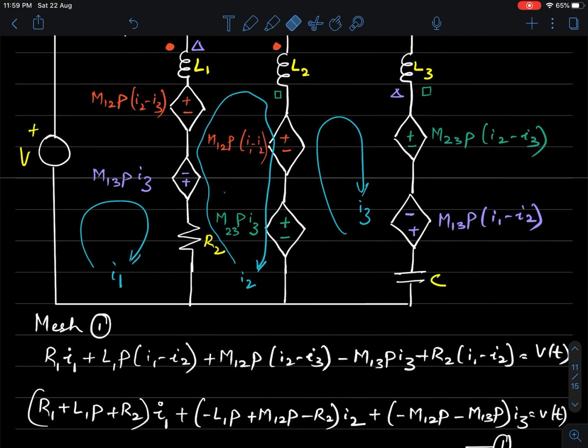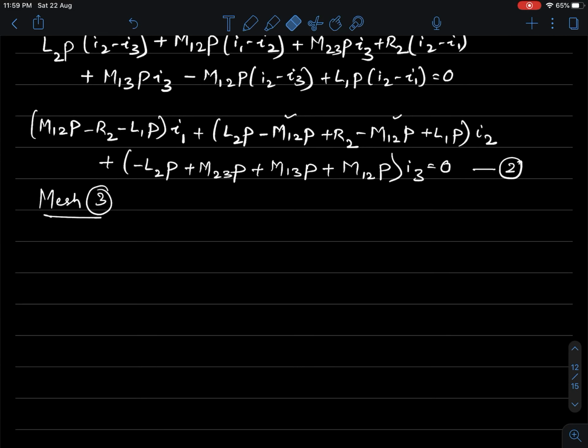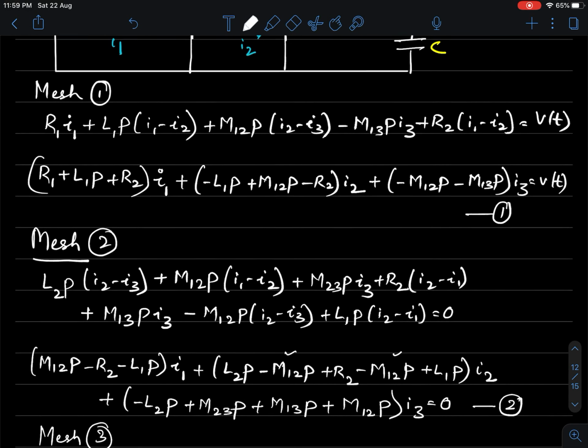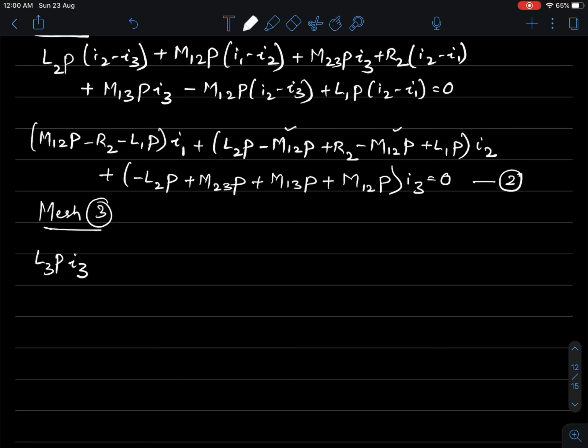Now let me write. My third equation is going to be L3P into I3, then I will have to write plus M23P into I2 minus I3. Now I am coming across a rise in potential, M13P into I1 minus I2.